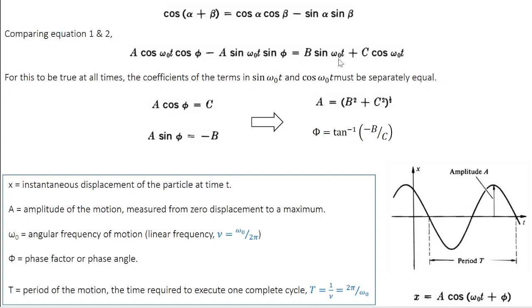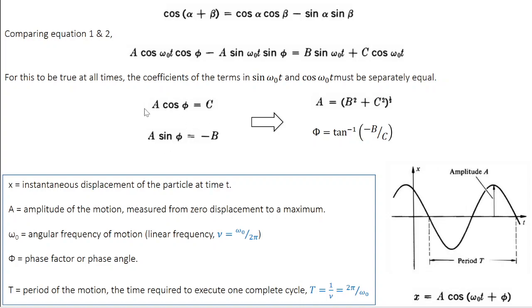Similarly, when you compare the coefficients of sin omega naught t on either side, you get b equal to minus a sin phi, or a sin phi equal to minus b. From this you can easily write the square on either side. So b square plus c square equal to a square into cos square phi plus sin square phi, but cos square phi plus sin square phi equal to 1.